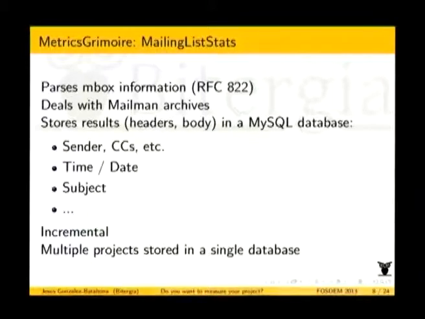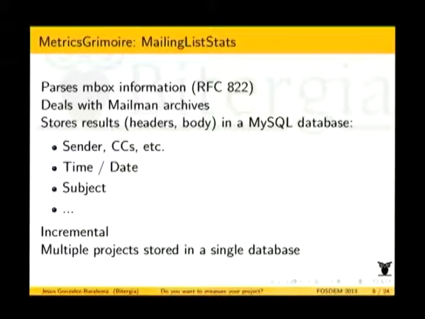Again, it puts all the results into a database, nicely organized in some tables, and you have the usual fields of email messages like sender, CC, time, date, subject, content of the messages, and things like that. It's incremental in the sense that you can go today and get everything since yesterday, for instance, and multiple projects can be stored in a single database for those projects that have different mailing lists and you want to analyze them together.